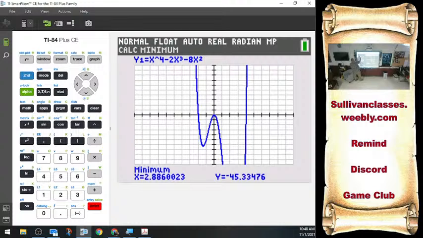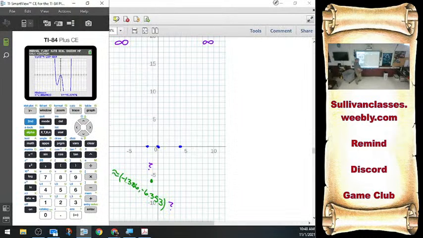Yeah, we weren't going to get that by just winging it, right? We weren't going to get that by just winging it. So I'm going to put a point at approximately 2.886, negative 45.335.